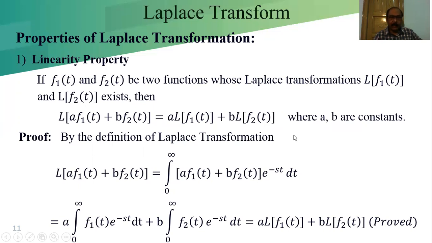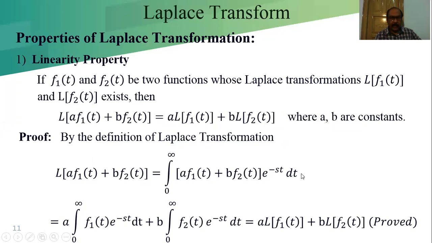So by the definition of the Laplace transformation, from the left hand side, Laplace transformation of a f1(t) plus b f2(t) equal to, as per definition, integral 0 to infinity of a f1(t) plus b f2(t) times e to the power minus st dt.